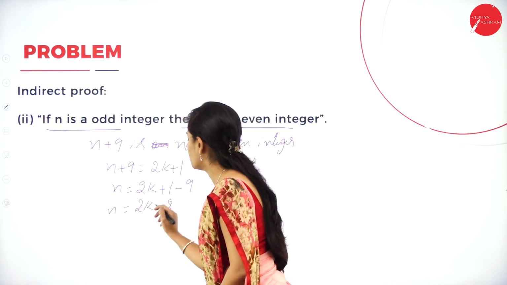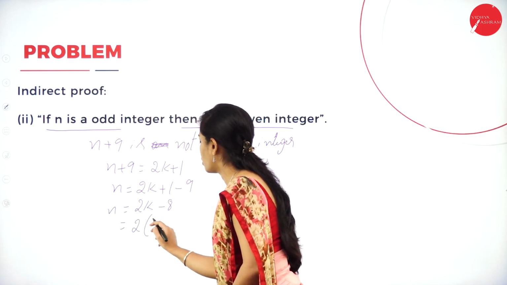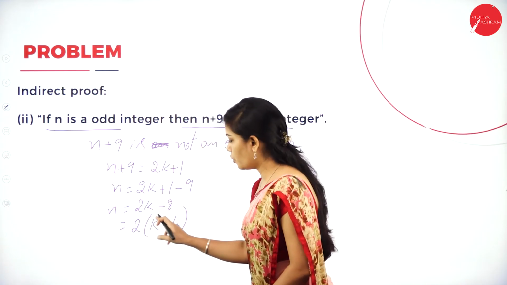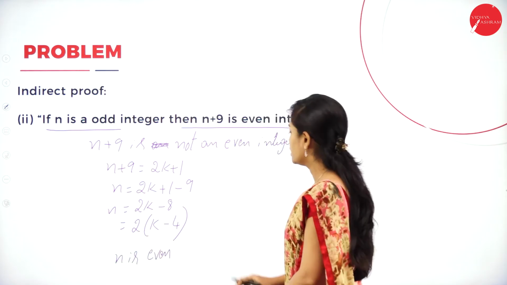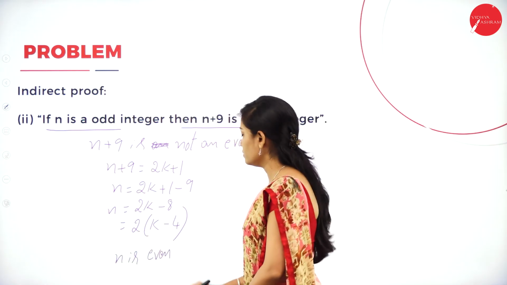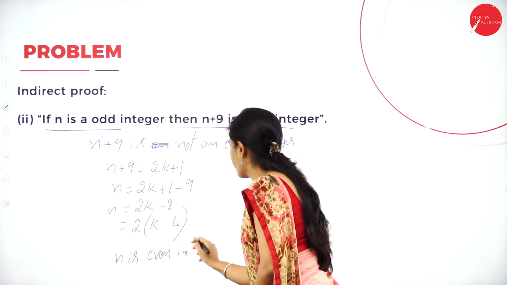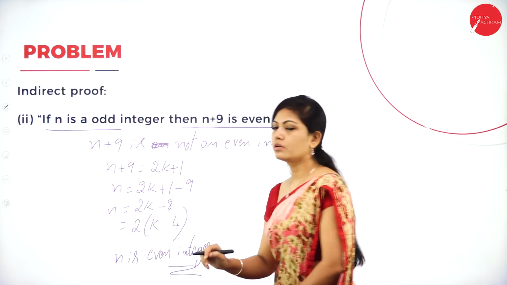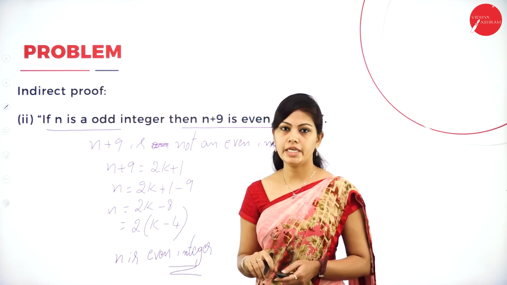So n is equal to 2k minus 8, with 2 as a common factor, so 2 into k minus 4. So now it is divisible by 2, right? So n is an even integer. So this is proved by indirect proof.